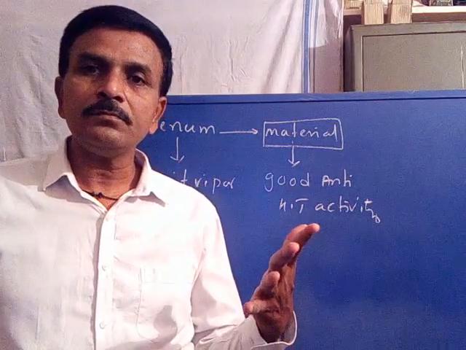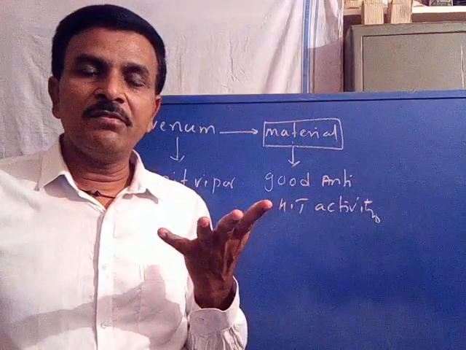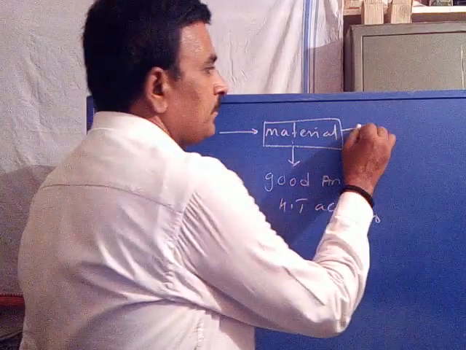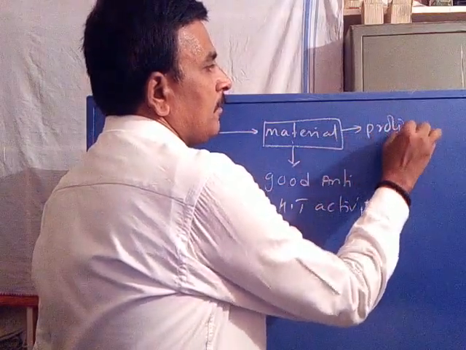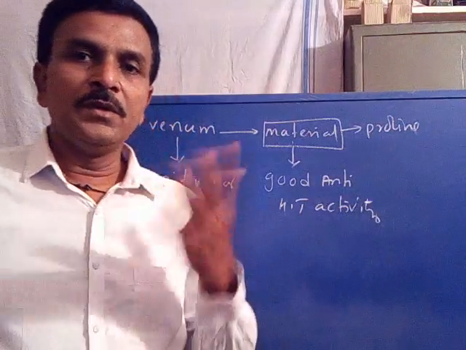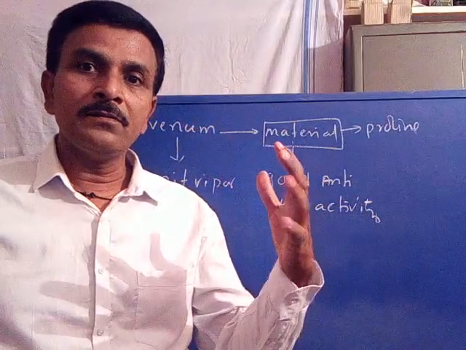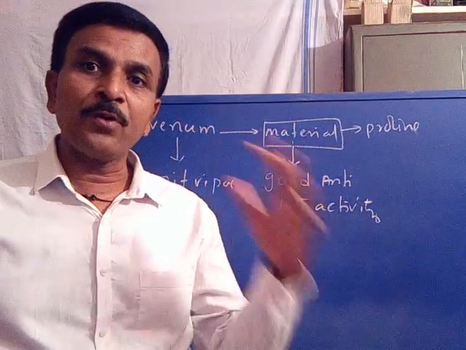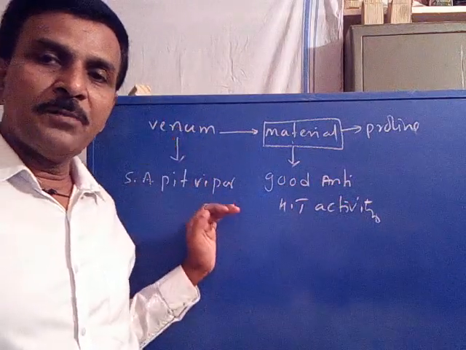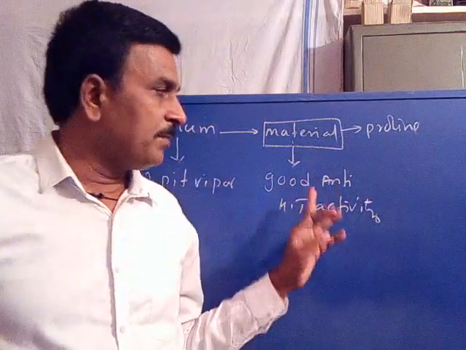Later, it was found that this material consists of proline residue. The later study indicated the presence of proline, which is an amino acid, in the material isolated from the venom of the South African pit viper, and it is responsible for reducing the hypertension.